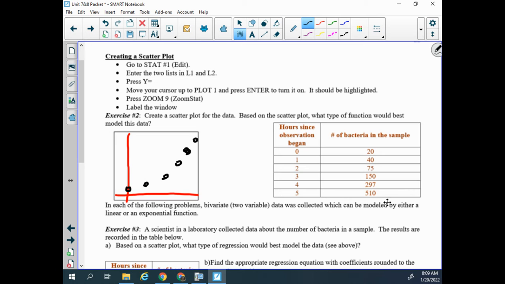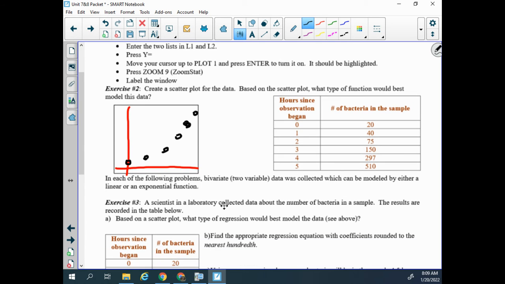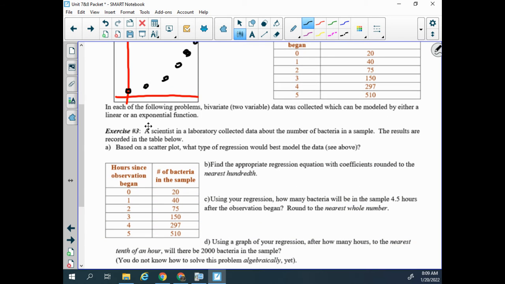And that makes sense because my biggest y value is in the 500. So it's just finding these points and picking a good window for that. So now we have a little more information about the problem. It says a scientist in the laboratory, I'm reading exercise 3, collected data about the number of bacteria in a sample. The results are recorded in the table below. Based on the scatter plot, what type of regression would best model the data? So we see that that's exponential.